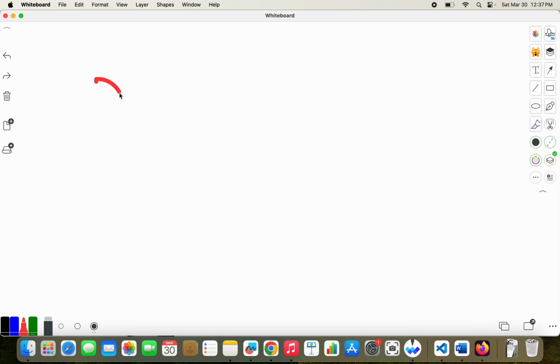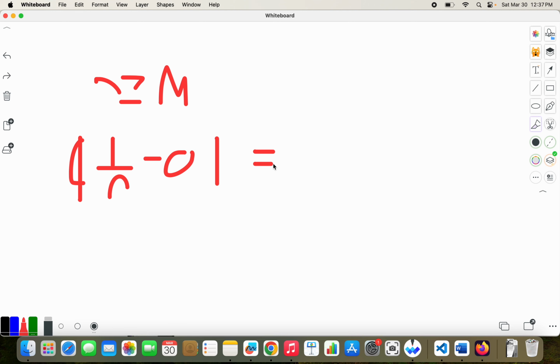So let n be greater than or equal to m. We all know it's just going to be a natural number. |1 over n minus 0| equals 1 over n, which is less than or equal to 1 over m, which is less than epsilon, which is the end of the proof.